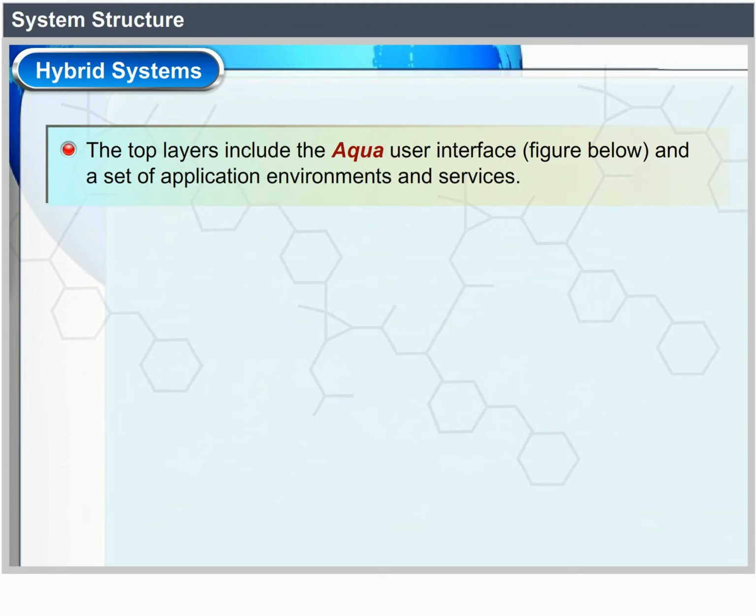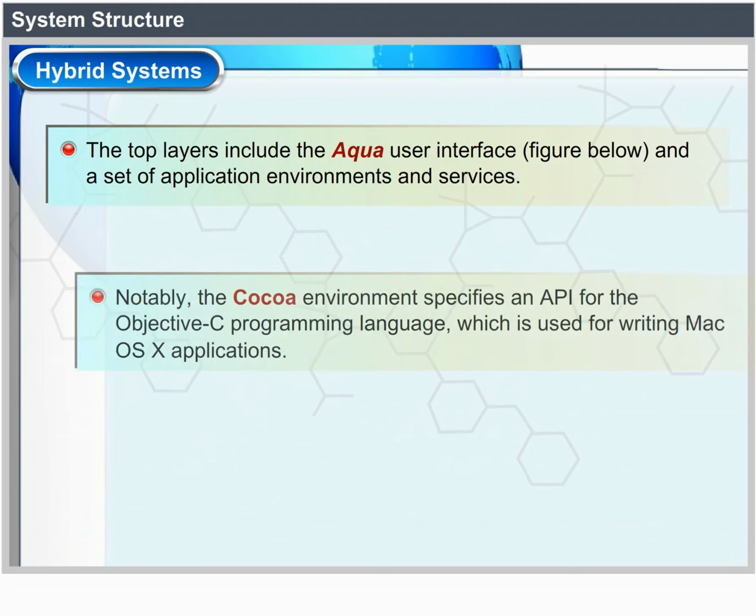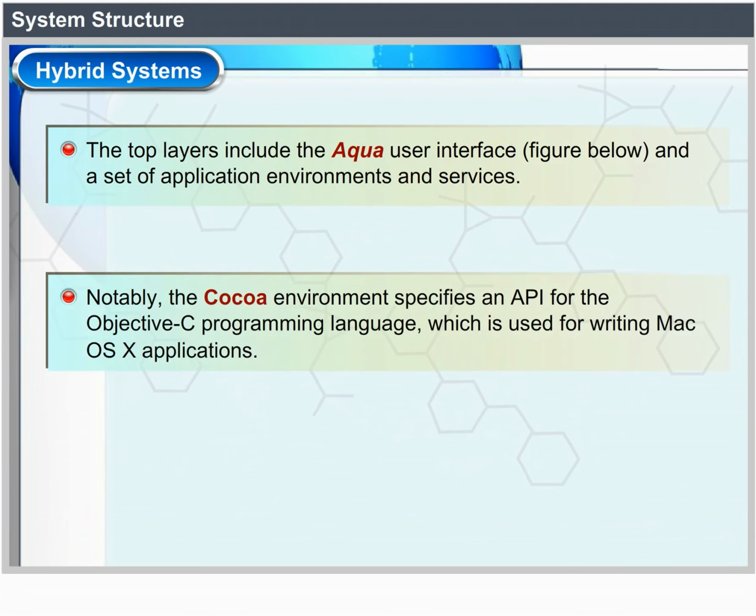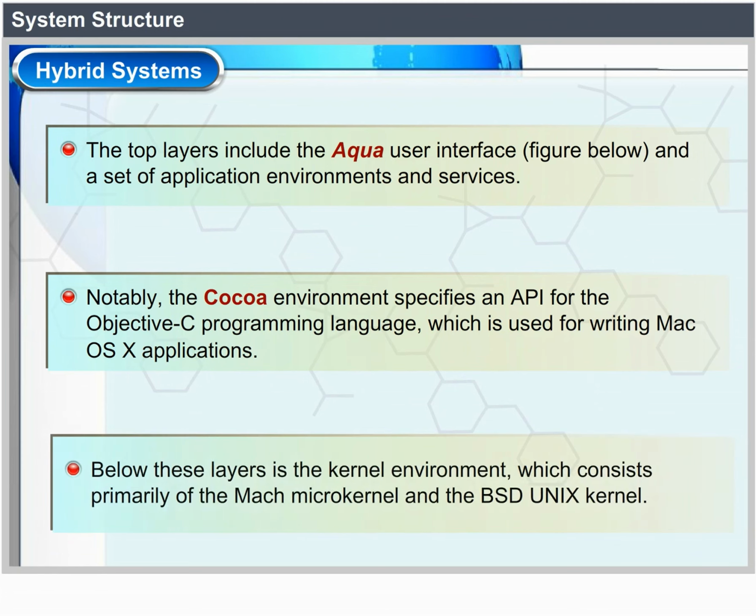Notably, the Cocoa environment specifies an API for the Objective-C programming language, which is used for writing Mac OS X applications. Below these layers is the kernel environment, which consists primarily of the Mach microkernel and the BSD Unix kernel.